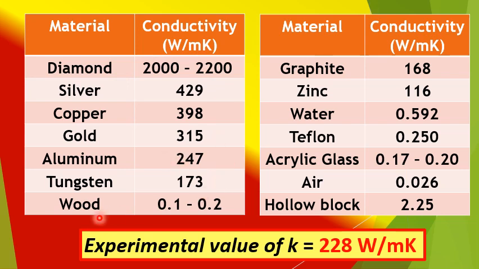All right, so comparing the experimental value of the thermal conductivity of the rod, small k equals 228 watts per meter Kelvin, it looks like that among the materials given in this table, that value is very close to that of the metal aluminum, whose theoretical conductivity constant is 247 watts per meter Kelvin.